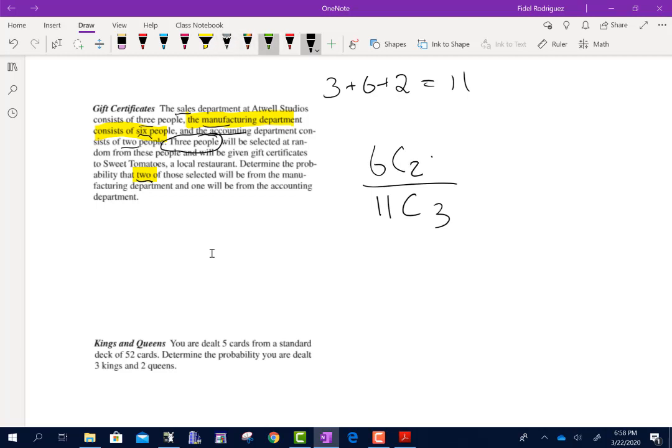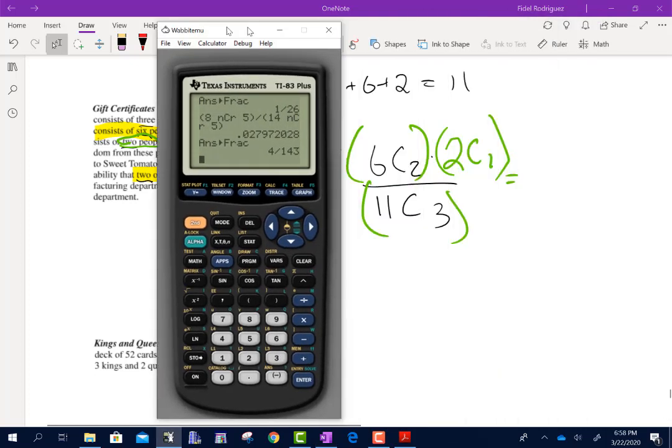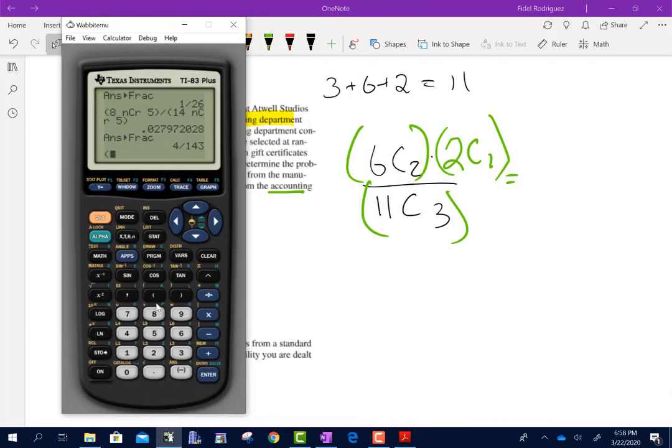And one of those persons will be from accounting. The accounting department has 2 people. So 2 choose 1. Okay. So again, just to give you a little reminder on my calculator, this is how everything is going to be set up, right? So let's move this over this way. Let's go math, 6.